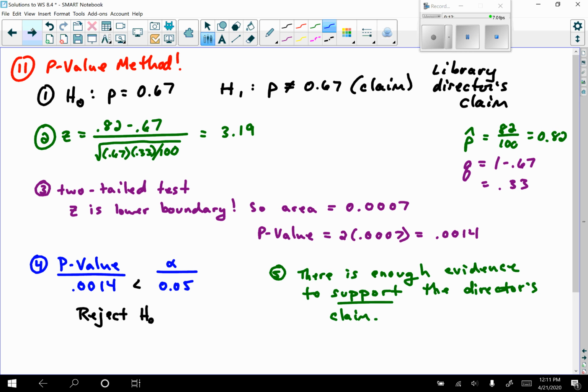That's at the very far right end. So we have a very small area, which makes sense by getting this 0.0007. Doubling that, we get a 0.014. Compare our p-value to alpha. It is less than alpha, so we reject the null hypothesis. Since our claim is the alternative, we say that there's enough evidence to support the director's claim.